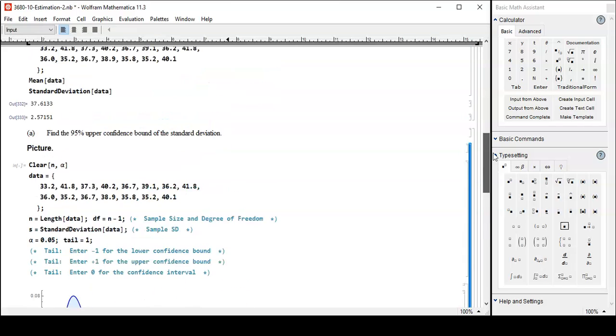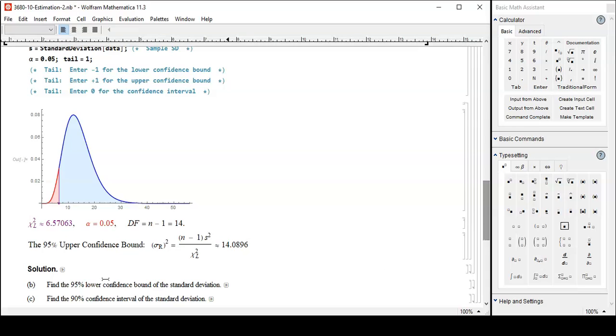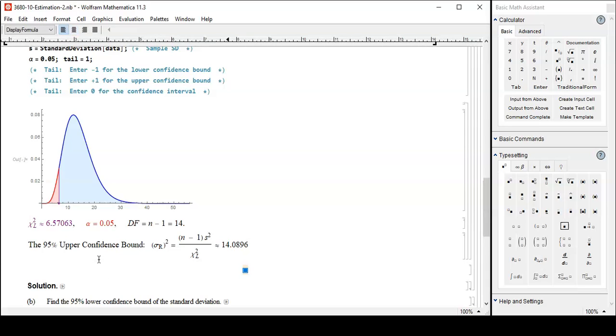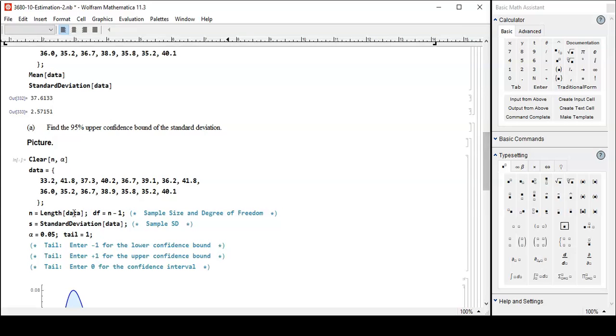So how does it work? Well, here's a formula, and that formula, as a matter of fact, I don't remember. Always I have to look this up. Sorry about that. So this is what we want. And for n minus 1, let's see.